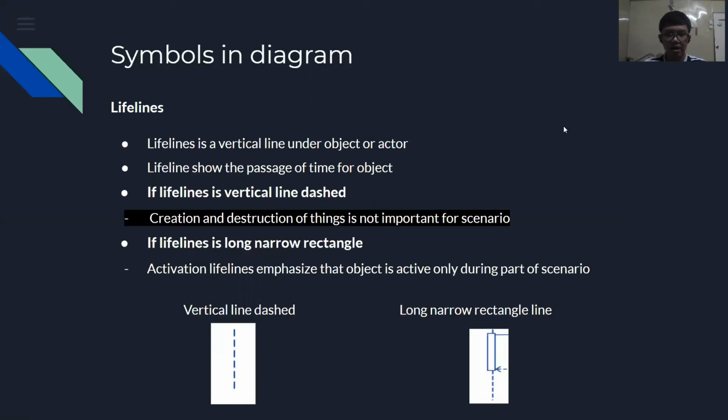Lifelines. A lifeline is a vertical line under an object or actor. The function of lifelines is to show the passage of time for the object and actor. There are two types of lifeline: a dashed vertical line and a long narrow rectangle.